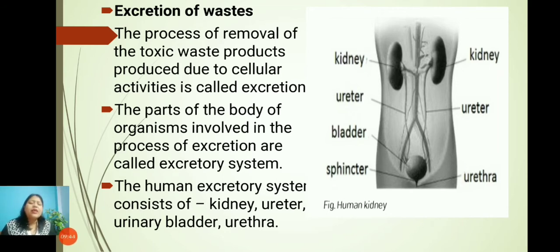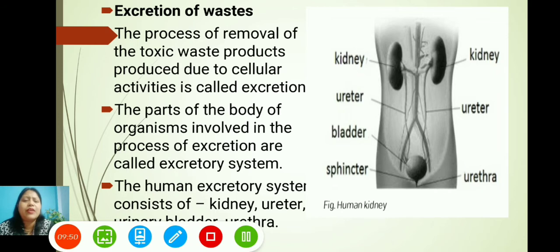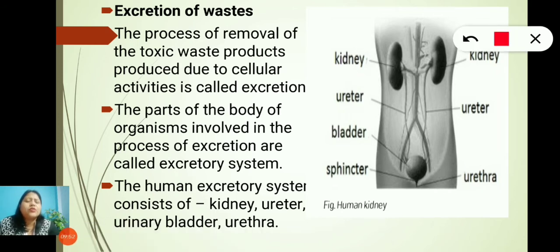Please remember, the parts of the body of an organism involved in the process of excretion are called the excretory system. The human excretory system consists of the kidney, ureter, urinary bladder and urethra.